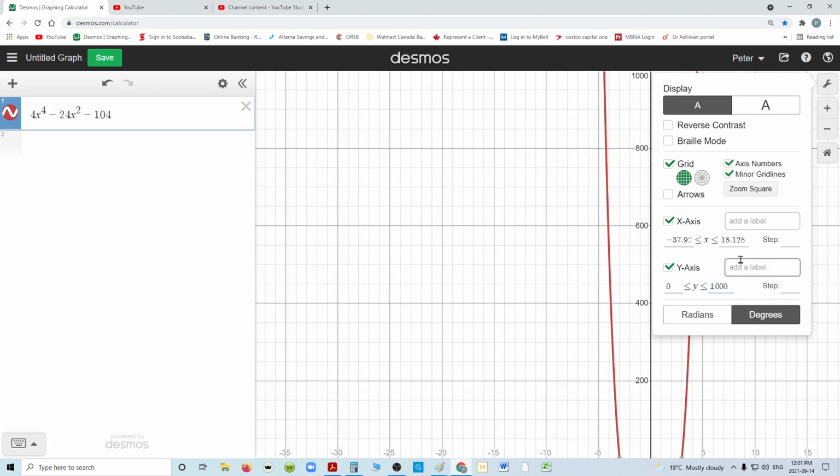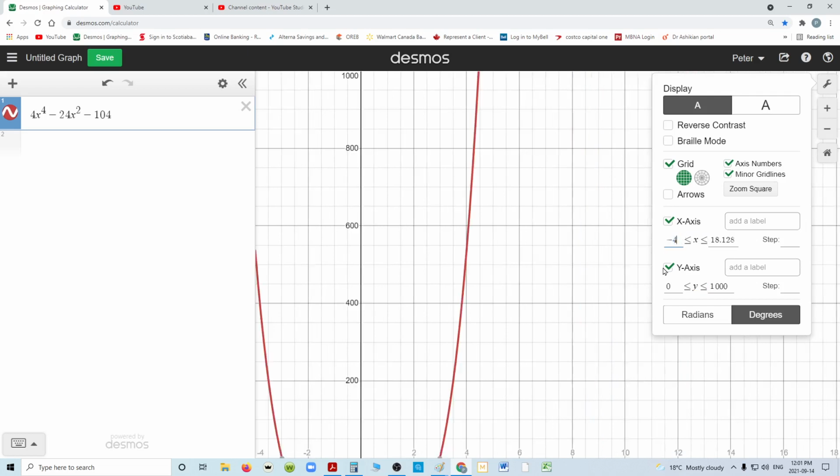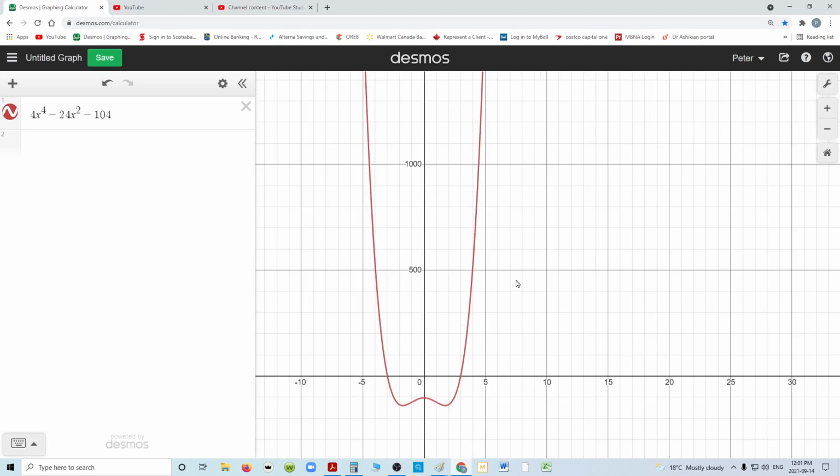No, even 0 to 1,000 won't do it. Yeah, okay, actually the bends occurred down below. That makes sense, actually, because that would be symmetrical around here. So that's what it actually looks like.